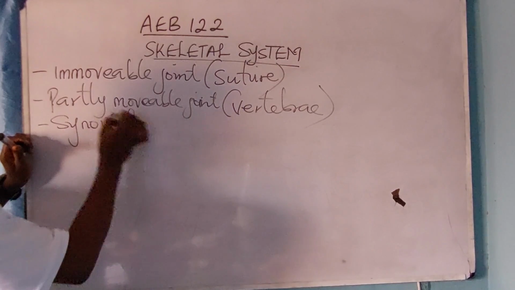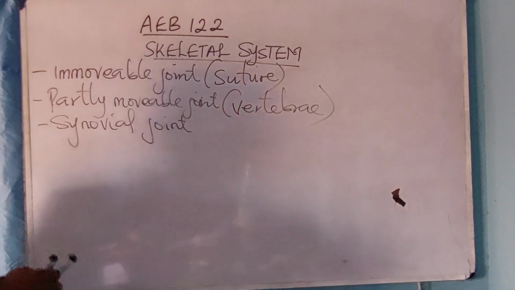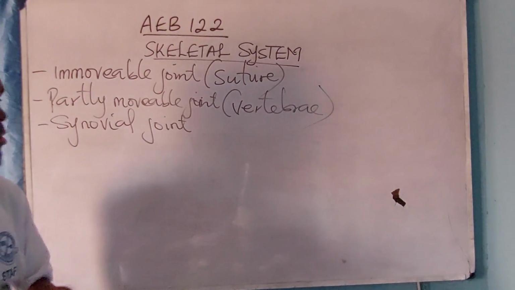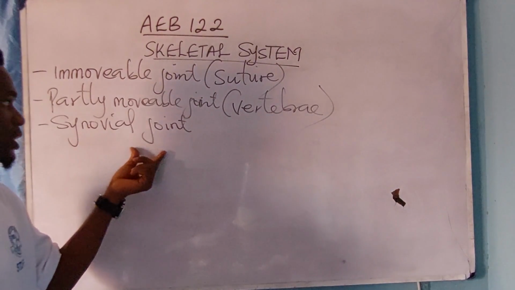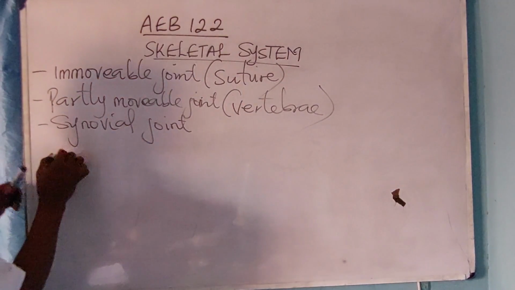Now, the third type of joint is the synovial joint. The synovial joint brings about the highest level of flexibility. It also allows movement. The synovial joint is made up of a fluid called synovial fluid.